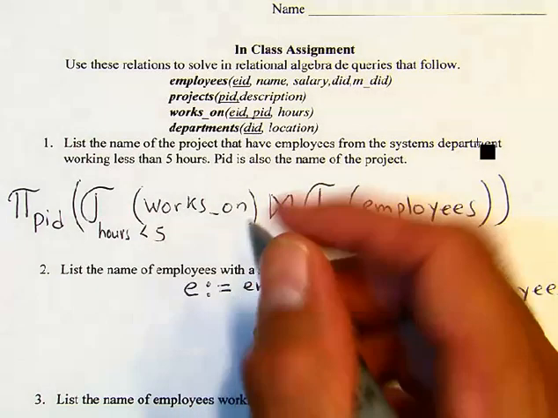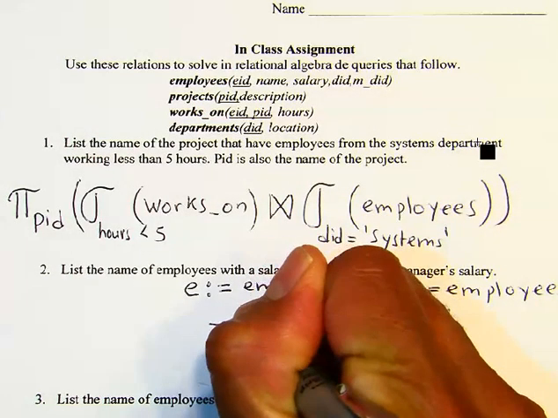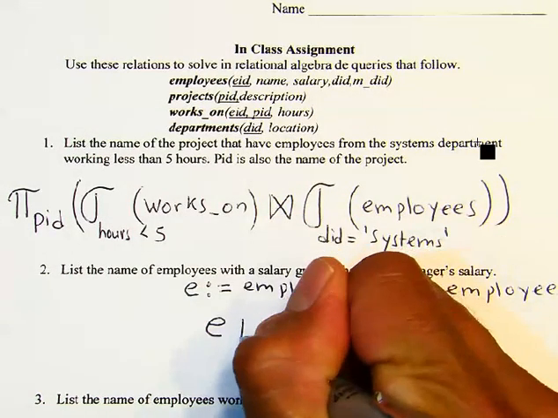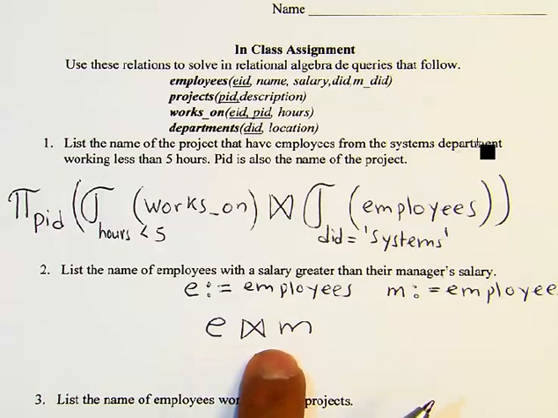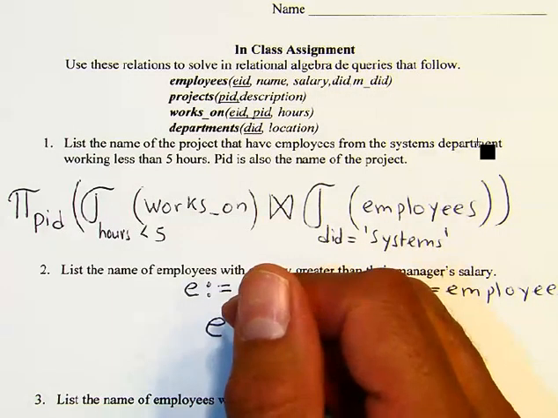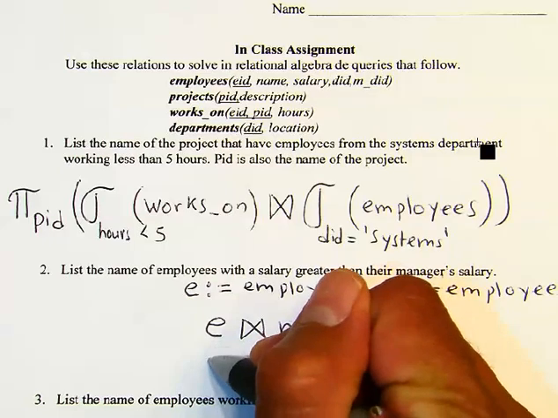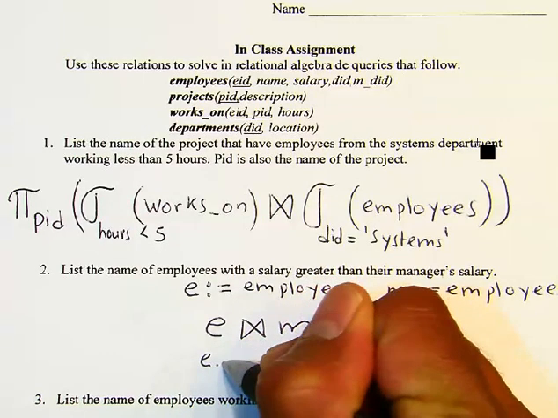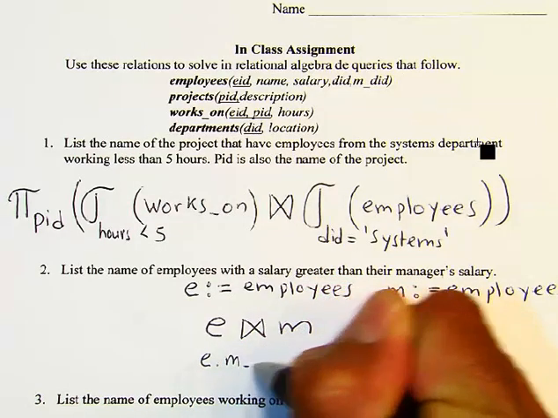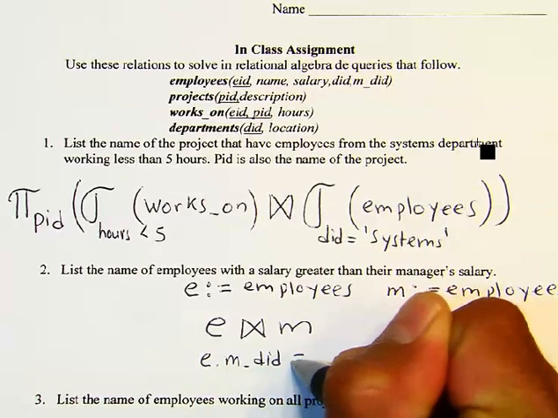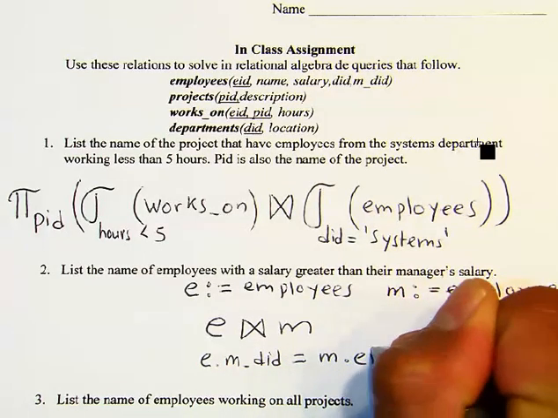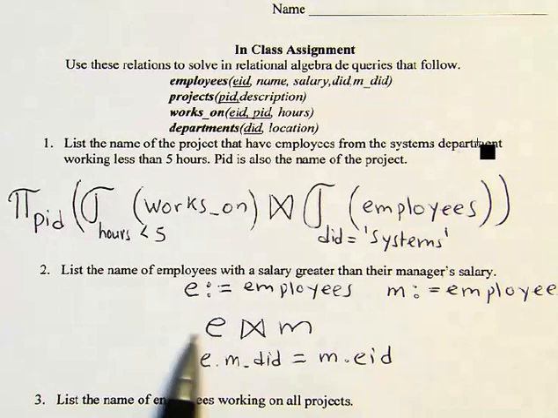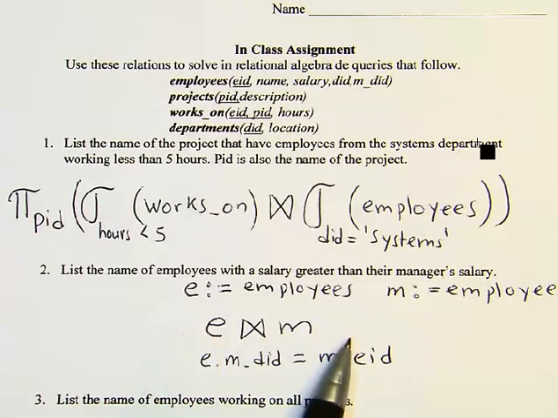So what we need to say is we join E with M, but we don't want an equijoin. We want E dot M underscore DID to be the same as M dot EID. So that means on this side we have an employee record, and on the other side we have the manager's record.